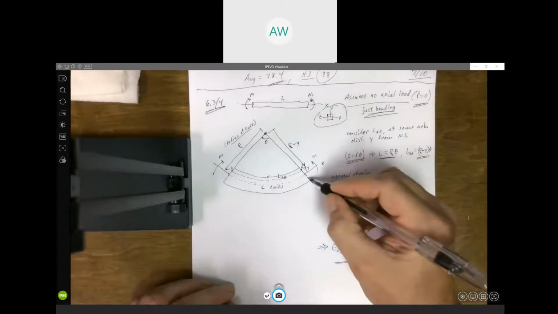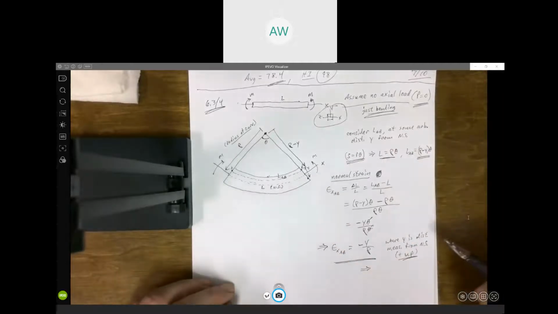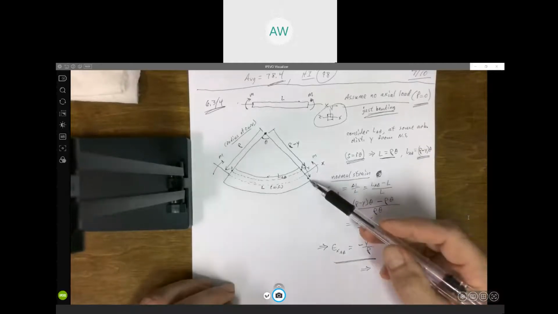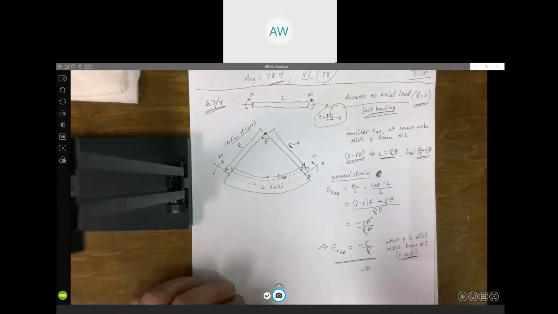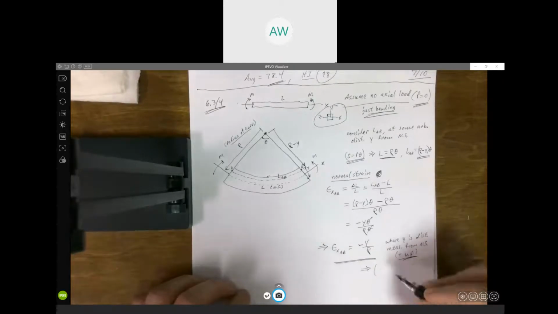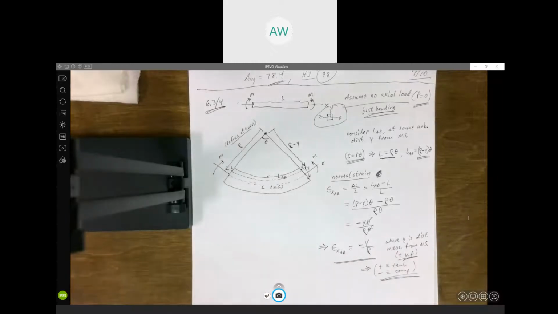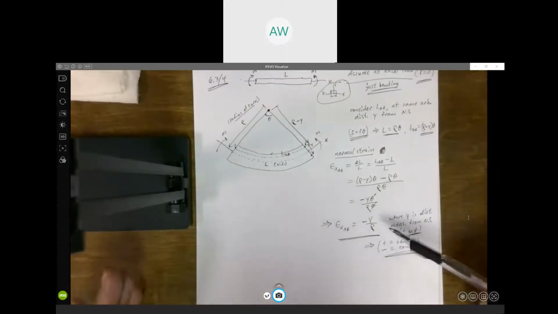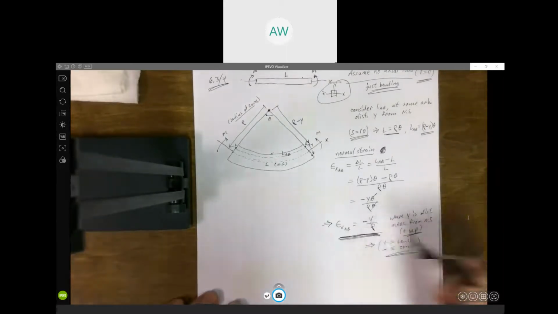If you came below, y would be negative, and a negative y times that negative gives a positive strain, indicating tension and stretching. So the sign convention we're using still means positive corresponds to tension, negative corresponds to compression. Same as before. All right, so questions at this point, how we got this formula for the strain.